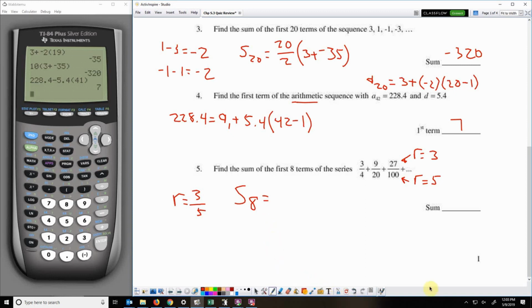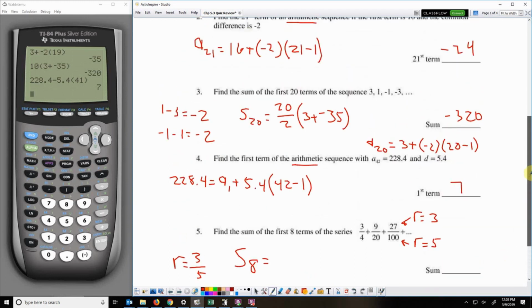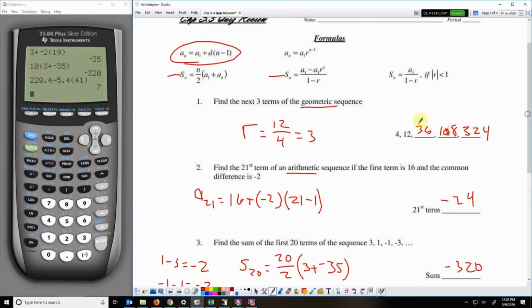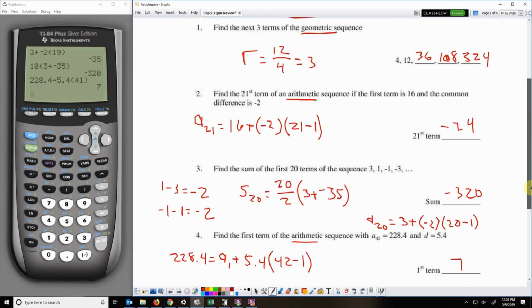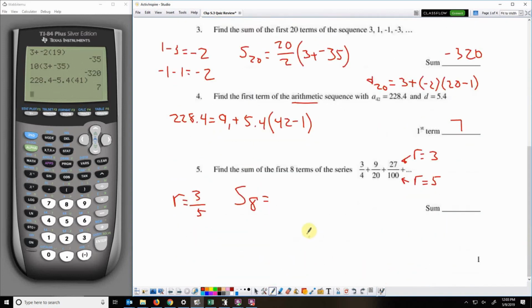So that is a geometric sum, which means I'm using this formula right here. So it's first term minus first term times r to the nth power, divided by 1 minus r.